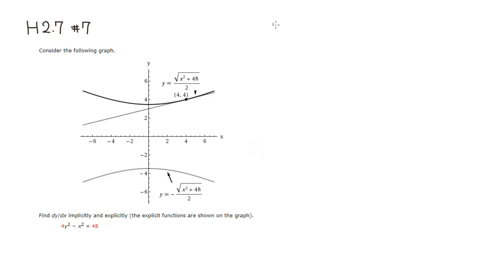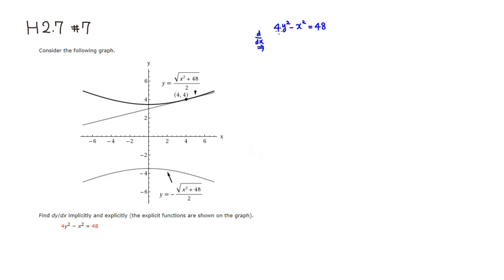So I'm going to copy this equation here: 4y squared minus x squared is equal to 48. Let's take the derivative with respect to x as usual.